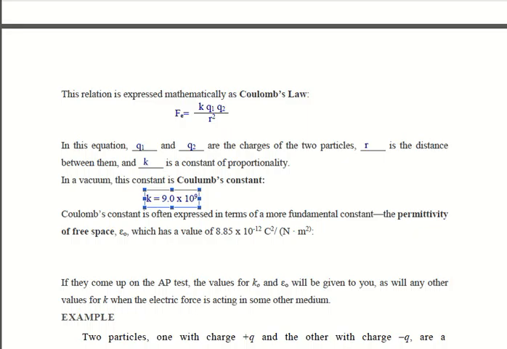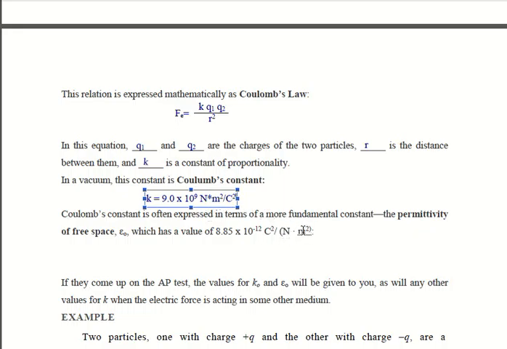And units for that will look like... okay, here we go. 9 times 10 to the 9 newtons times meter squared per coulomb squared.